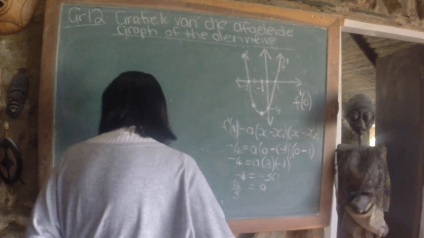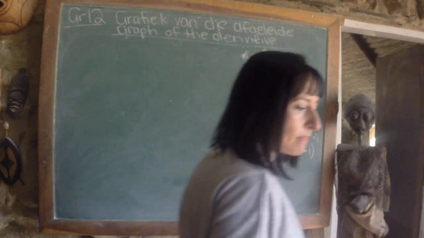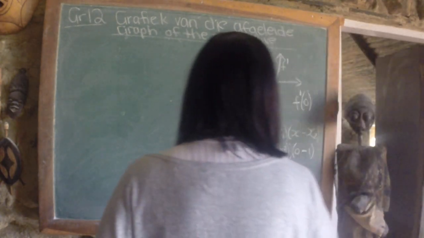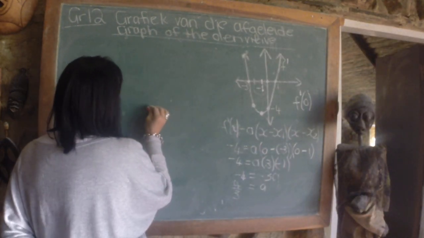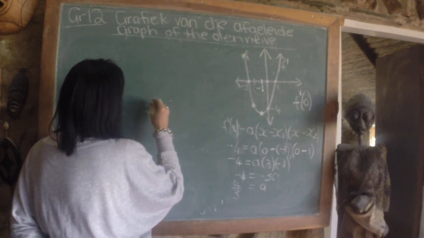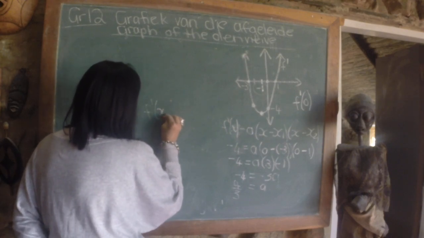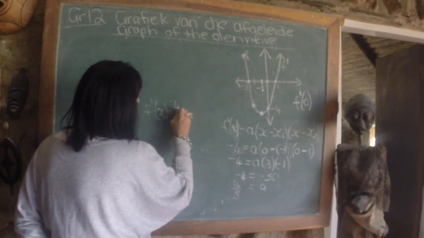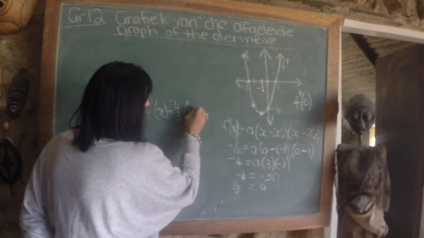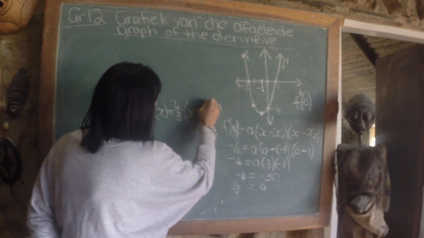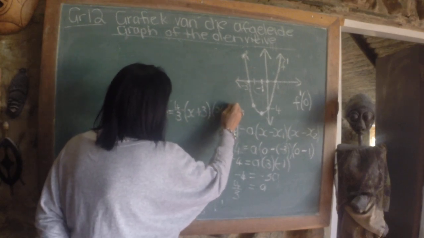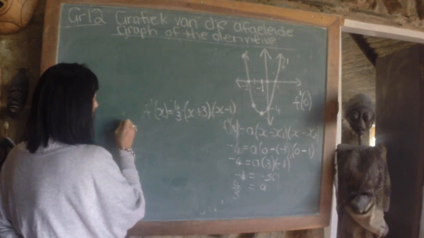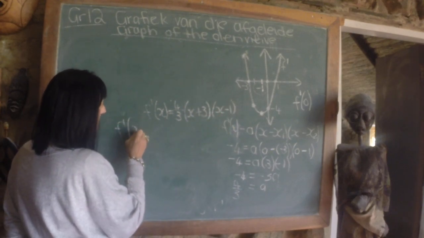Now I'm going to resubstitute a into my f aksent x. So ek kan gaan sê, a is 4 op 3, dan x gaan terugsit, x plus 3, x min 1. Now I can multiply that out to get the equation.